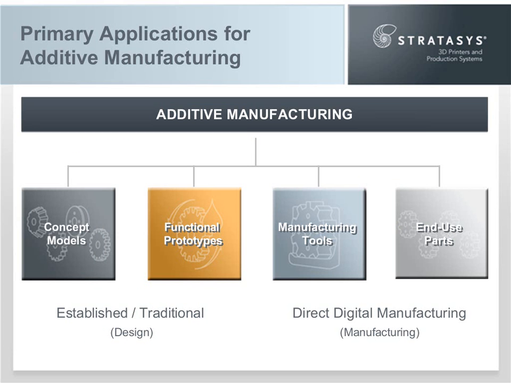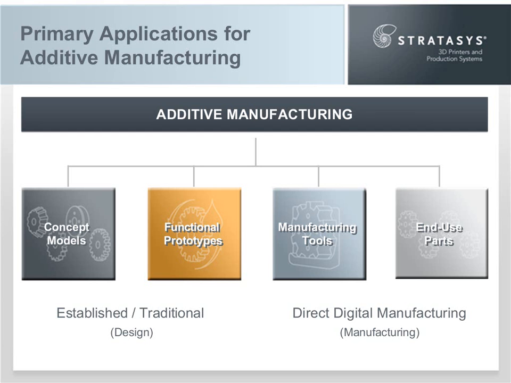Within additive manufacturing, there are a number of different types of applications. Under the additive manufacturing umbrella, if you will, we've called out 4 different application types. On the left, we have the more traditional, more established applications. These are the ones traditionally thought of in the industry, and they're the more product development-oriented applications. The first one is concept modeling.